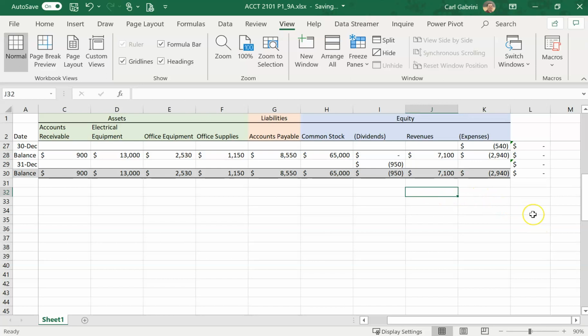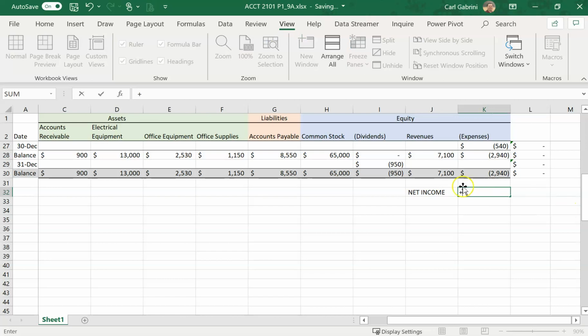And then what we can do is we can say net income here is going to equal, right, our revenues minus expenses. And if you want to, you can put this in parentheses.